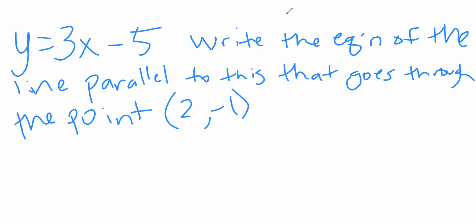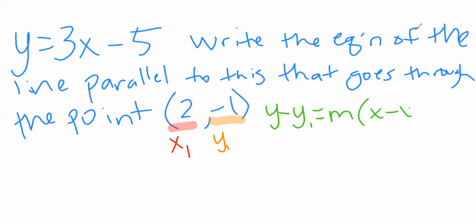So what we would do here is we would have this 2 represent the x1, and we would have this -1 represent the y1, and we are going to use the form y minus y1 is equal to m times x minus x1. That's our point slope form, if you've forgotten.